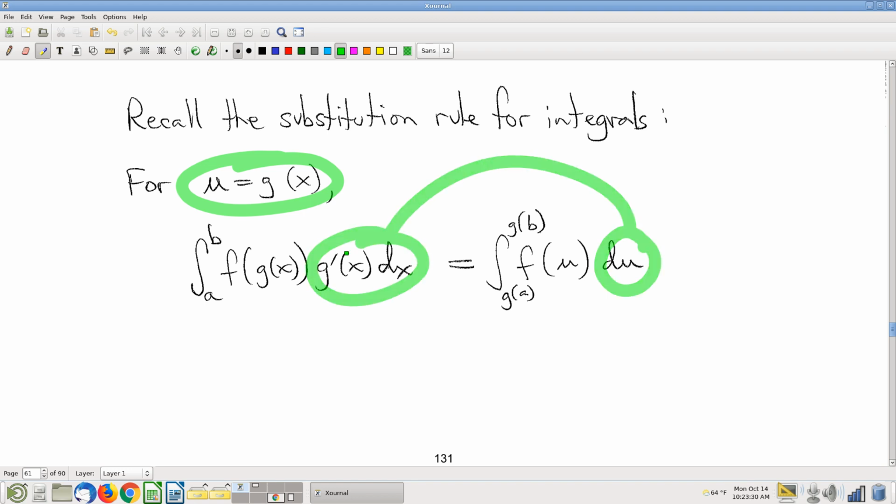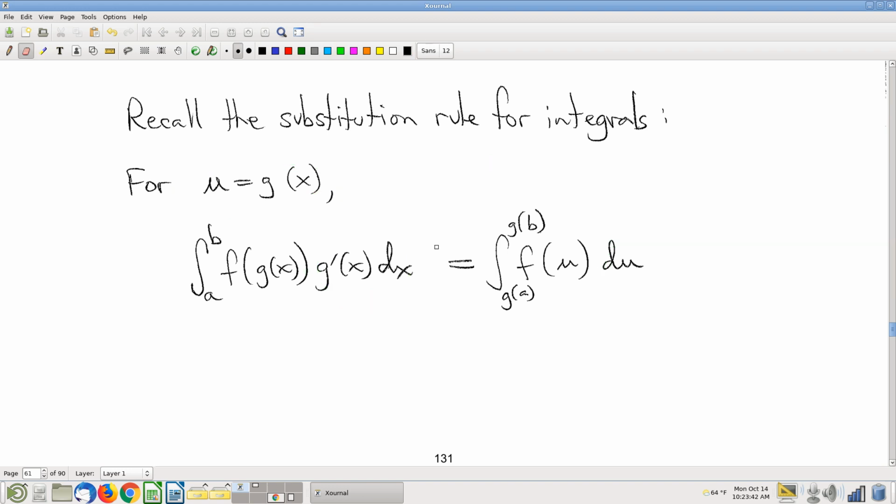Right? That's kind of the way students tend to think about it in Calc 1 classes. But here's how you write it down as a rule. And now you also may recall that the bounds for the x integral are not the same as the bounds for the resulting u integral, or whichever way it goes. Right? Okay.